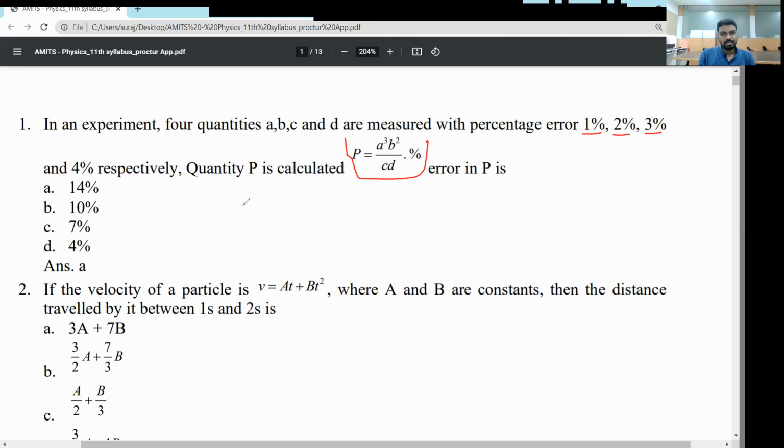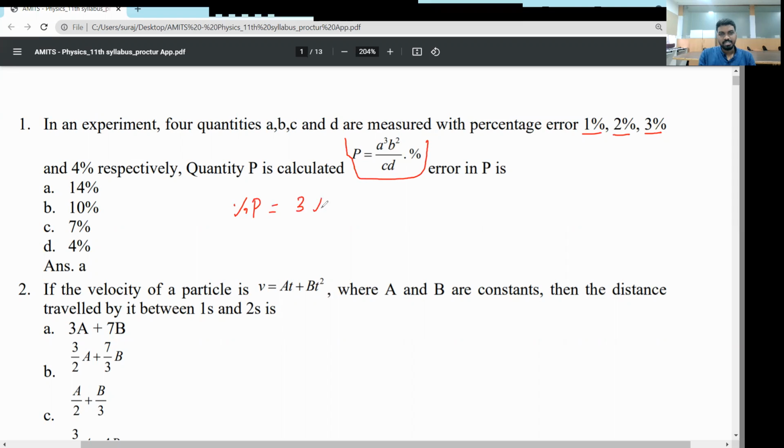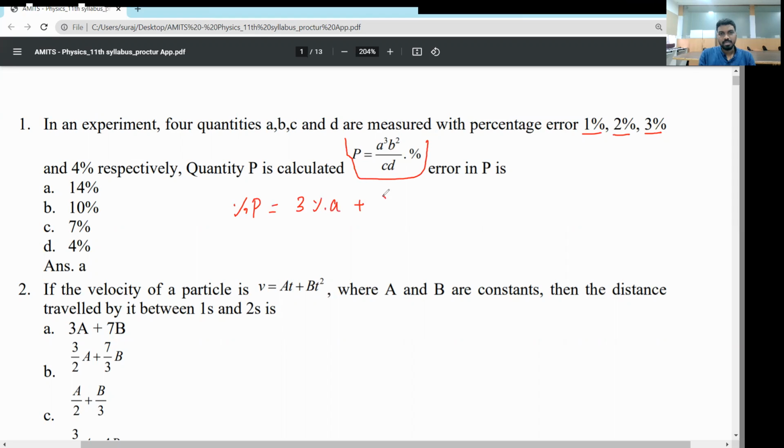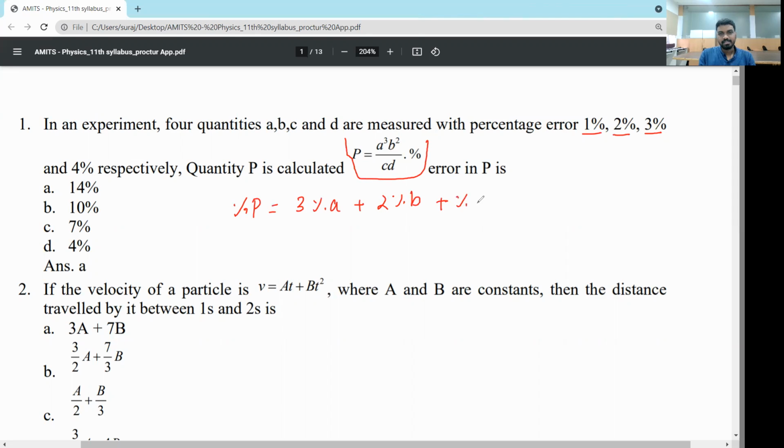So percentage error in P, directly we can write, 3 times the percentage error in A plus 2 times the percentage error in B plus percentage error in C plus percentage error in D. For division also we need to add the percentage error.